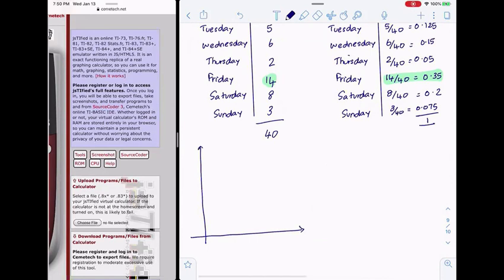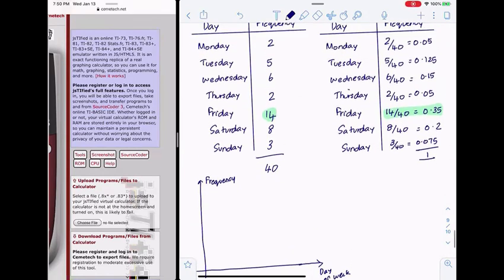So the next step is to create a frequency graph, which is simply a visualization of the frequencies. The y-axis would be the frequency and the x-axis would be the day of the week.